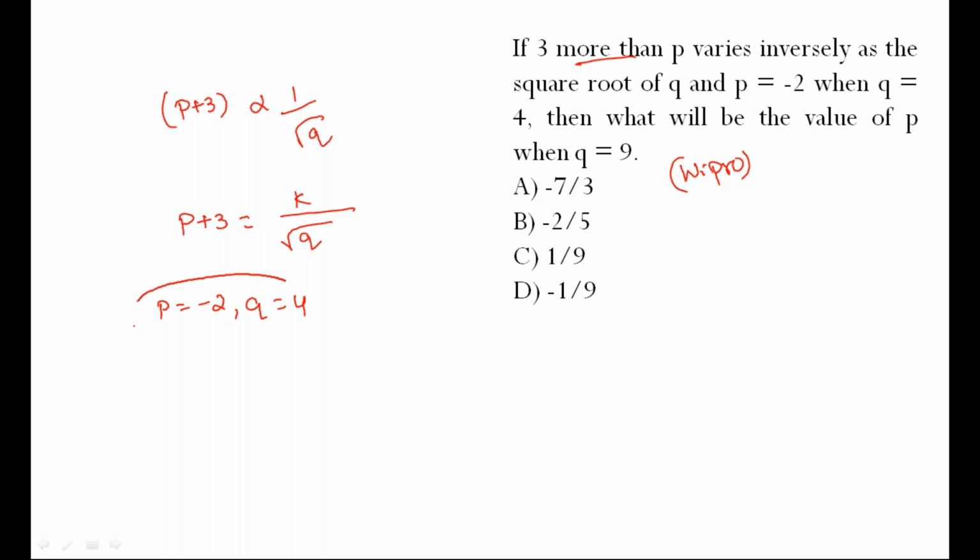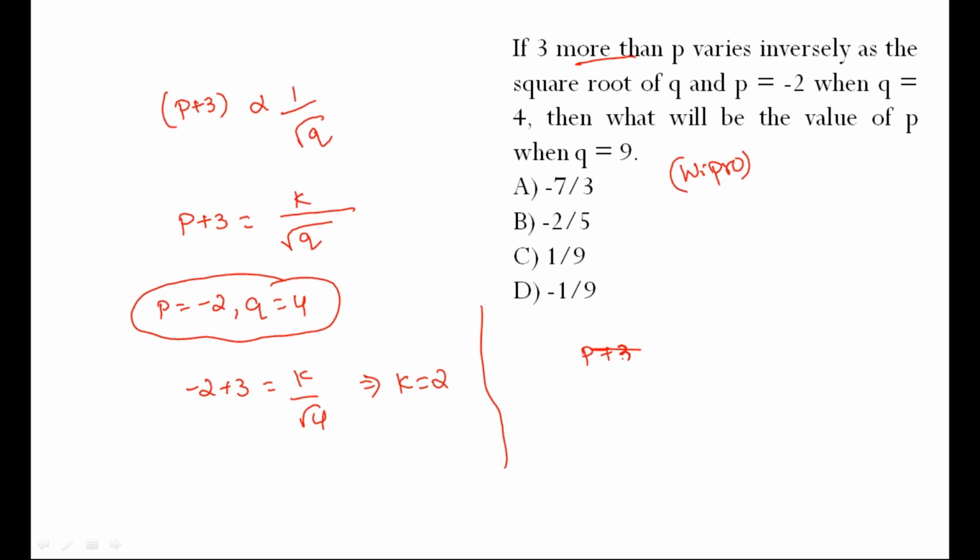If we substitute P value minus 2 here, minus 2 plus 3 equal to K by root 4. Now we came to know K value is 2. Now P plus 3 equal to 2 by root Q. Once you know K value, in questions they'll give P or Q, and you should find the other one.